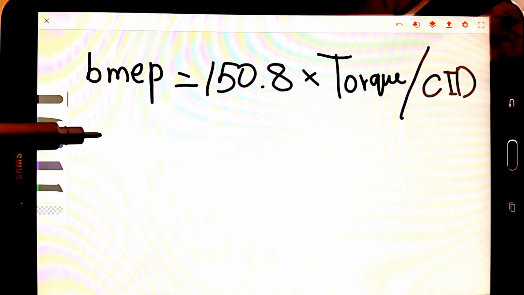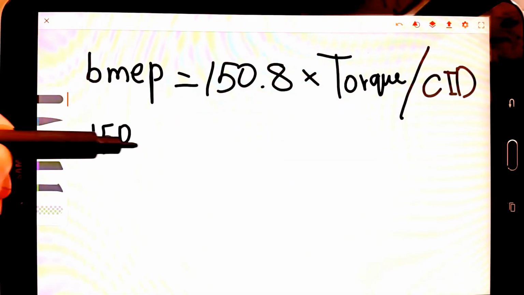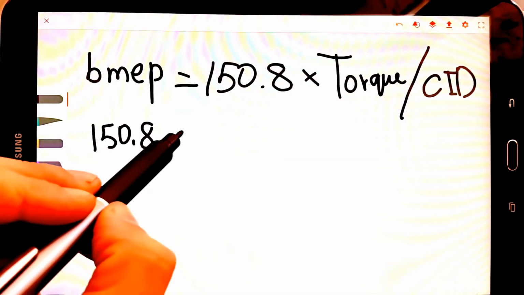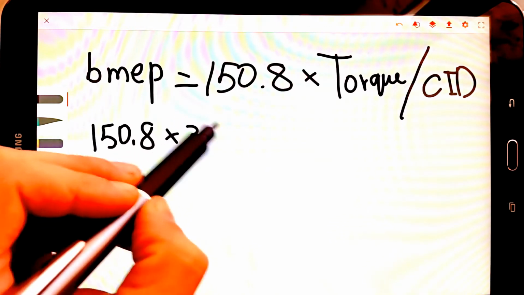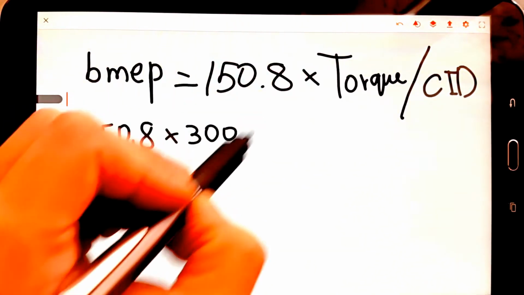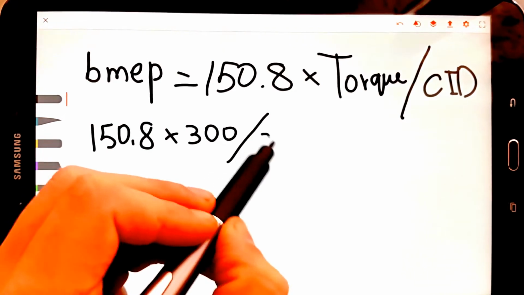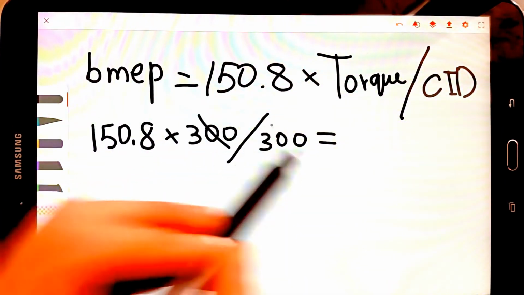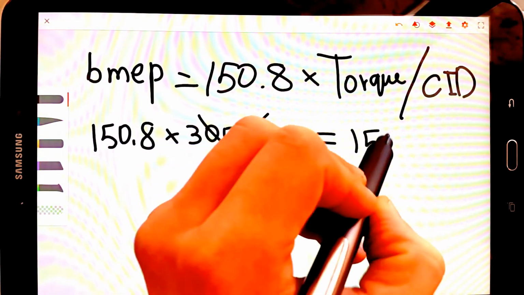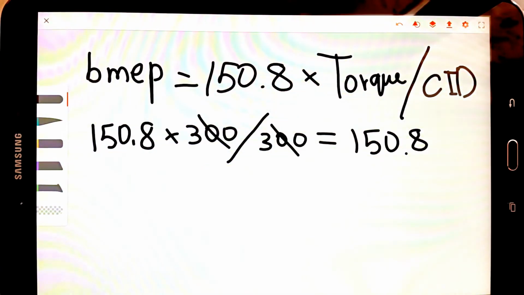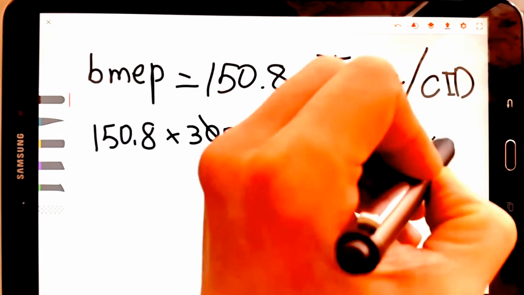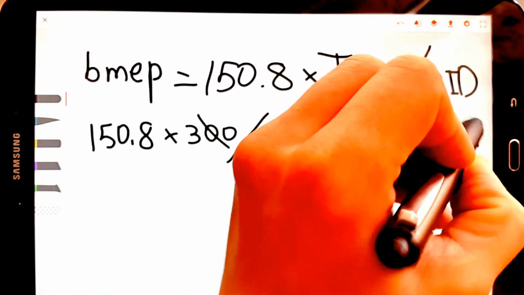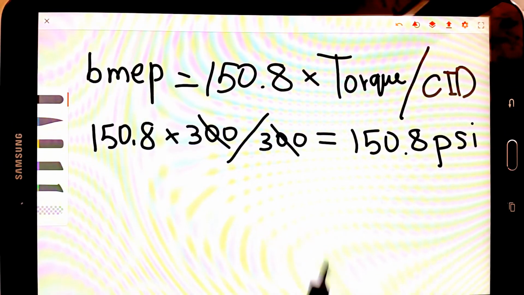So basically, if you translate that to our Ford versus Toyota example, the Ford is making 300 foot-pounds of torque divided by 300 cubic inches. And his BMEP, when these cancel, ends up being about 150.8. That's the pressure, in PSI, pounds per square inch.